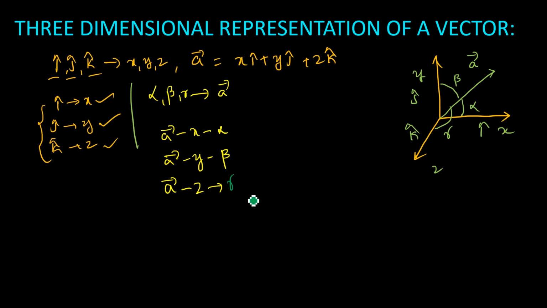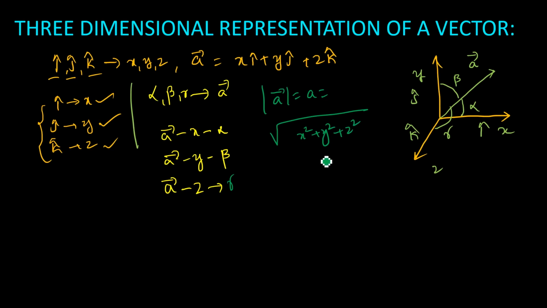Now we know A bar is represented like this. If you take the magnitude of A bar, that is equal to root over x square plus y square plus z square. Now the first point is cos alpha. What is cos alpha from this angle? Taking x as the adjacent side, cos alpha equals x by a, and a means root over x square plus y square plus z square.